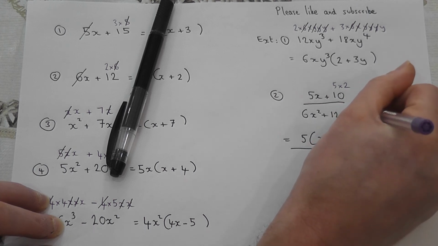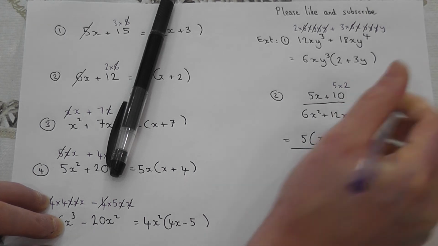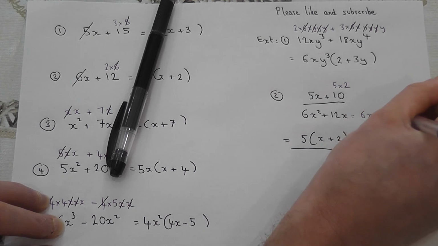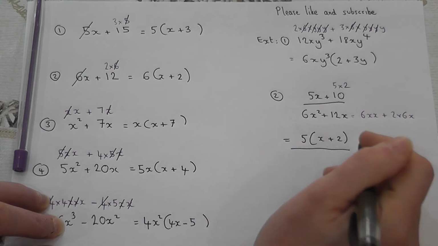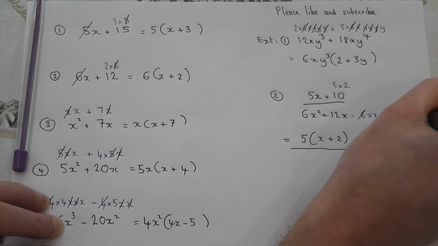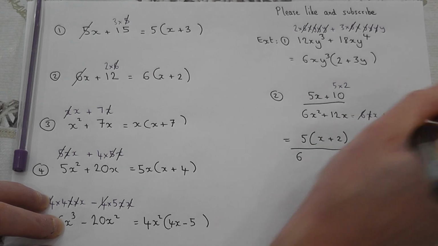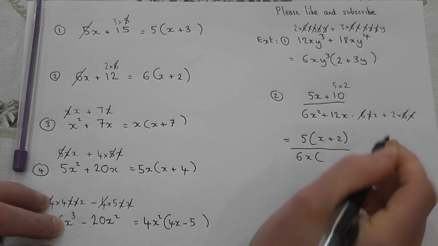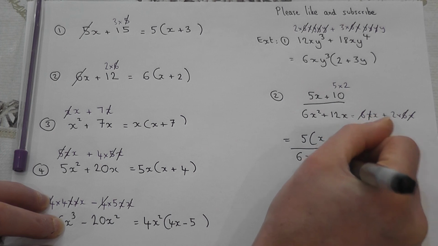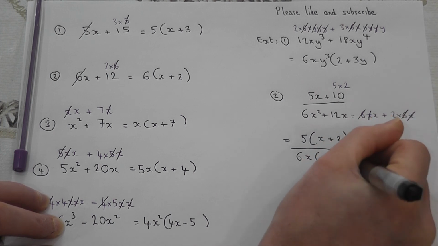This is the same as 6xx plus 12 is 6 times 2 with 1x. So when we factorise the bottom, there's a 6 in there. There's also an x. There's an x left over and there's a 2.